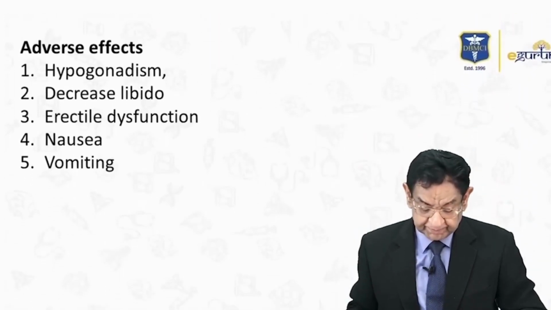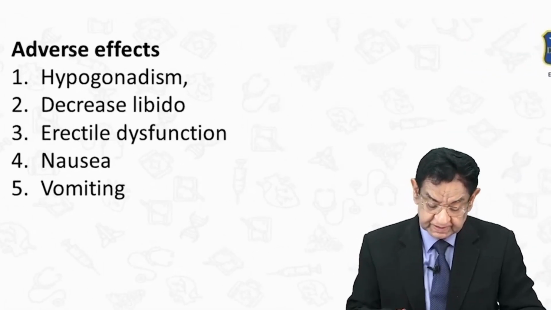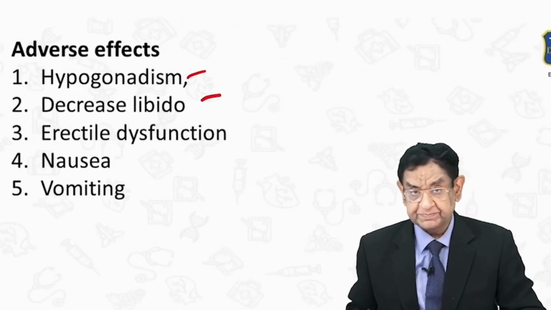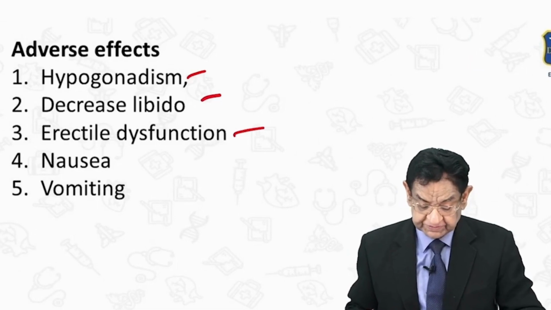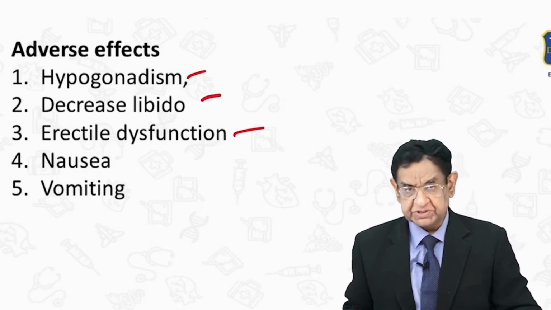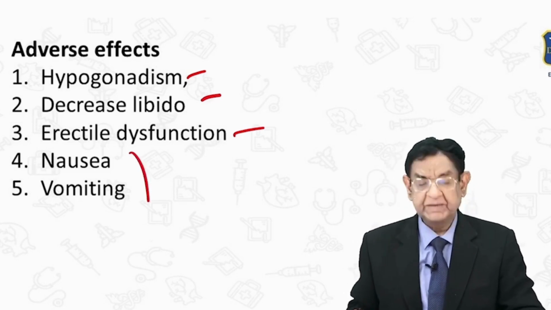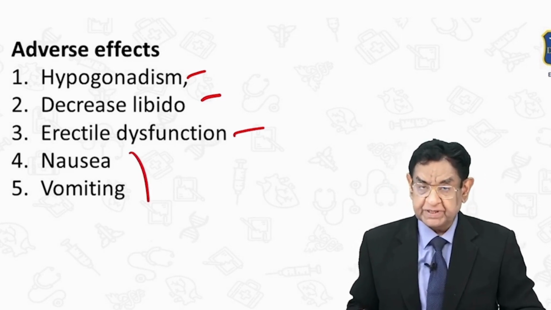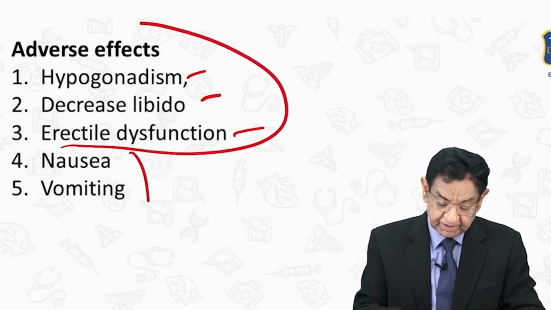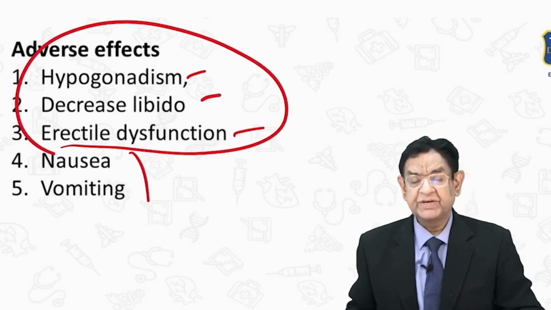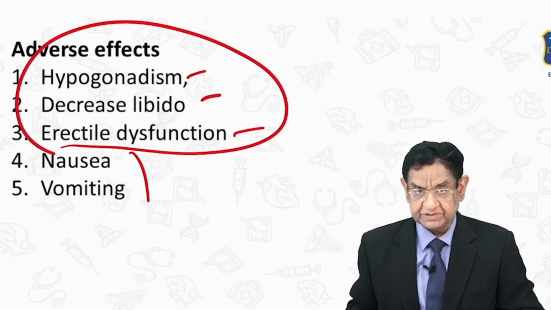Side effects are hypogonadism, decreased libido, erectile dysfunction, and some GI disturbance like nausea and vomiting, which are non-specific. But as far as reproductive medicine is concerned, these are the important side effects of this drug.